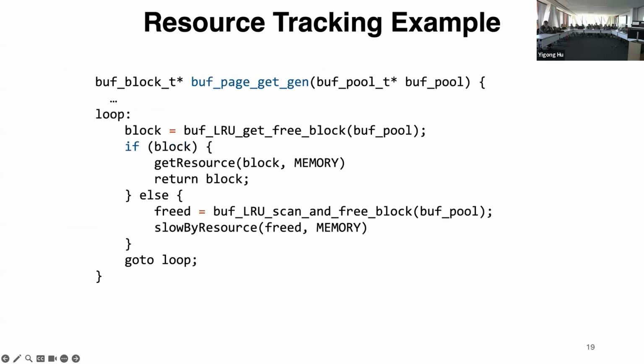So let's take an example. This is source code in MySQL, which tries to get a buffer page from MySQL's internal buffer pool. It will start by trying to get a free block. If it fails, it will scan and find one block to evict. Then it will loop back and search for another block.